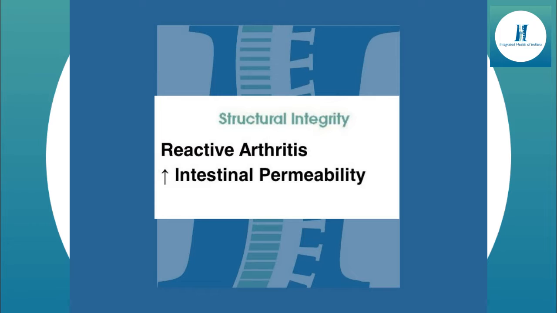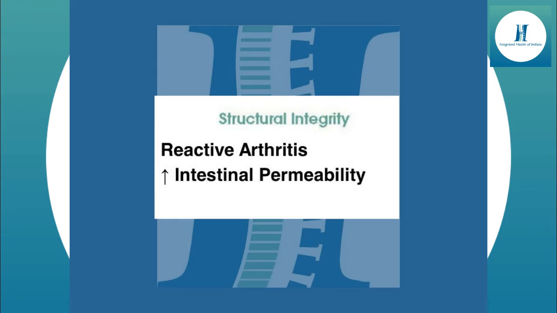So when we look at structural integrity and we start to look at reactive arthritis, rheumatoid arthritis or psoriatic arthritis, any of these things, the intestinal permeability right here, it's important to know about that, because that intestinal permeability is what allows the autoimmune disease to start to happen.